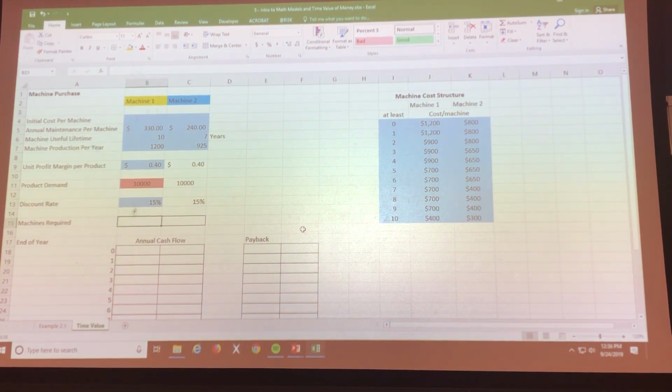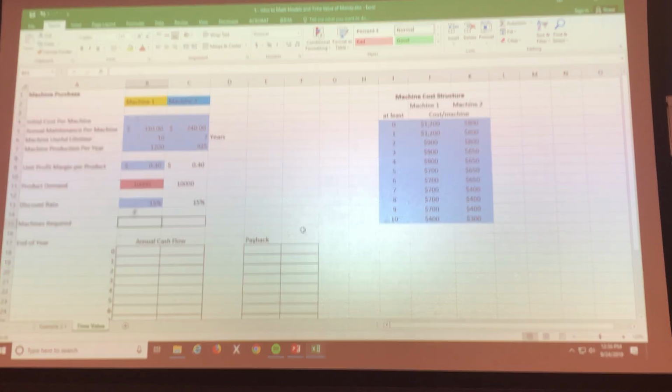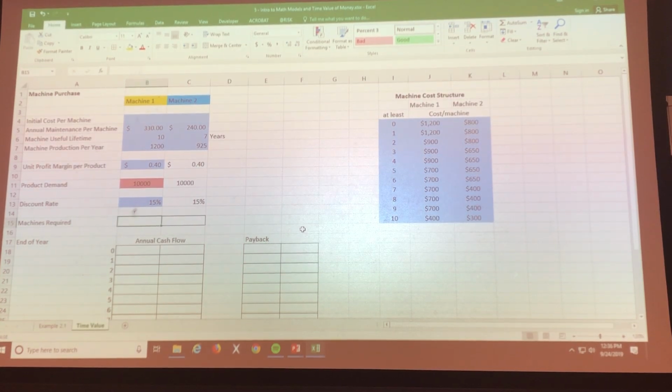I have talked about the fact that demand is uncertain. We understand that it is. But in most of the models as we go forward, we're gonna make one big assumption. I'll point it out if it's different, but a lot of times our assumption in the models we're gonna be working with is that we've done our research and that we have a really good idea of what demand is, right?